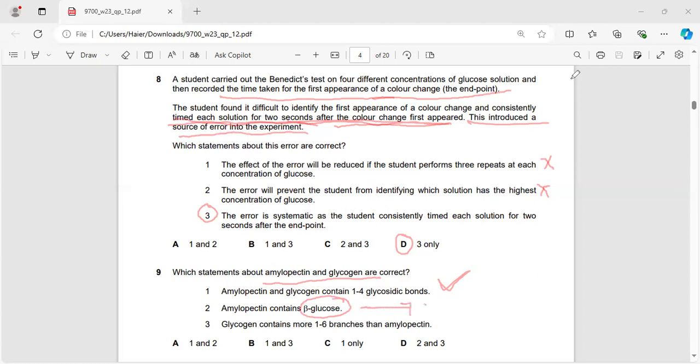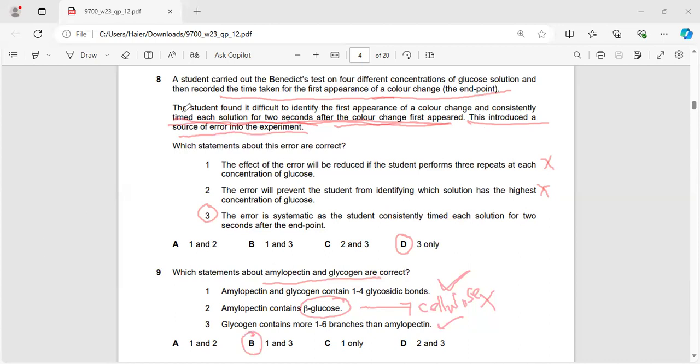Beta glucose is present in cellulose. So this is the wrong statement. Glycogen contains more 1,6 branches than amylopectin. This is also correct. So according to this, statements 1 and 3 are correct. So the answer is B.